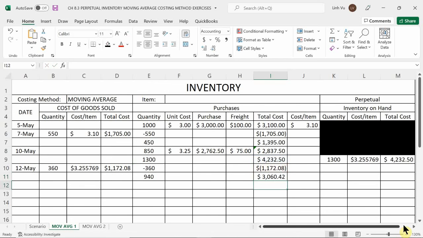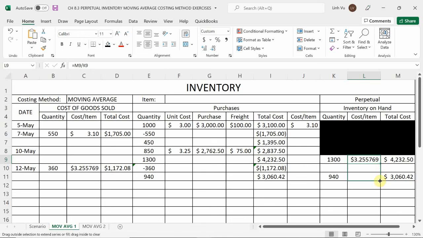So that will give me 3,060 and 42 cents. Okay? That's what I am left over with. And that's exactly what I got to do. I need to copy this over. So 940 at 3,060.42, and I need to now solve for my average cost per item.